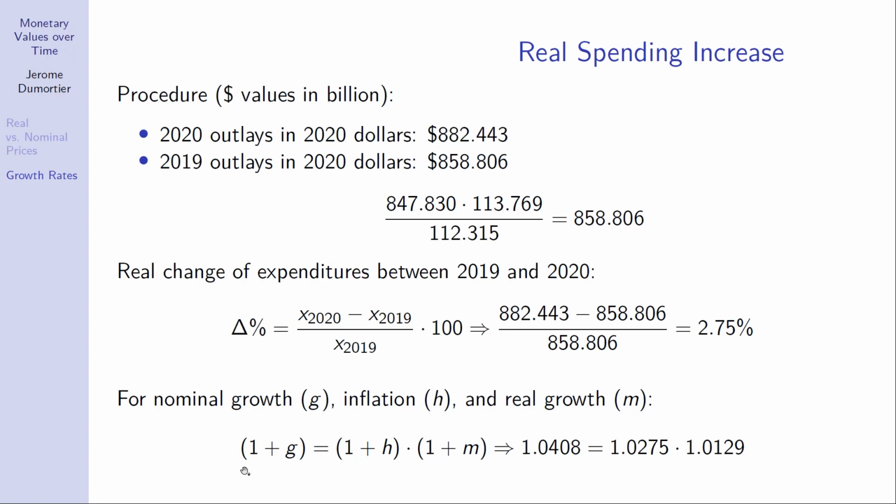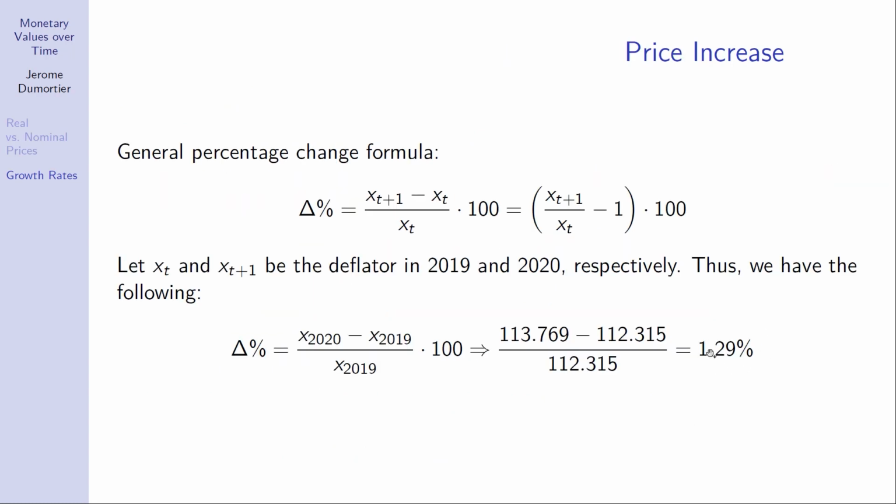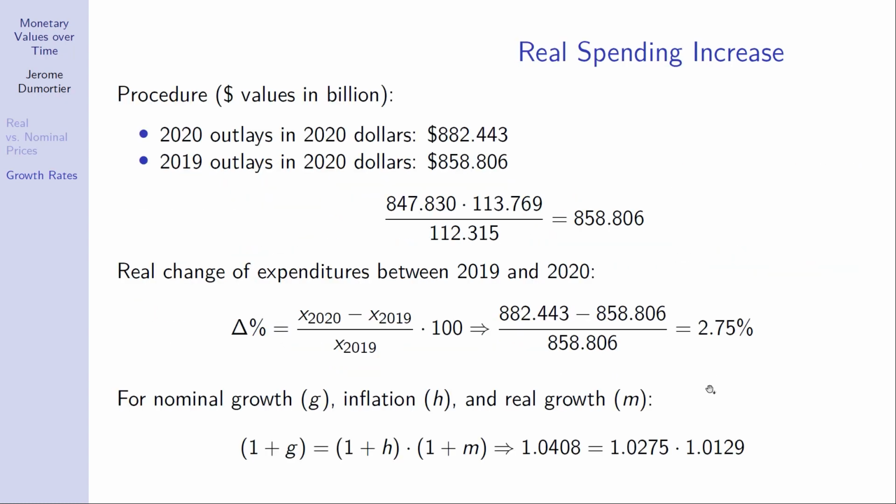You can see this by having the real growth, which is 2.75%, times the inflation, which is 1.29%. That is equal to the nominal growth which we have observed before.